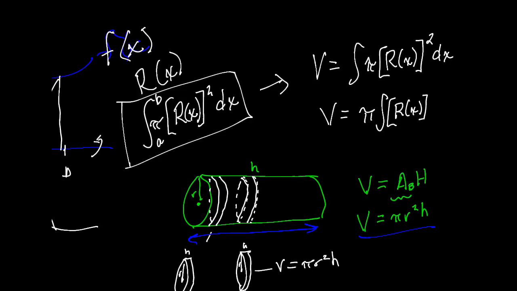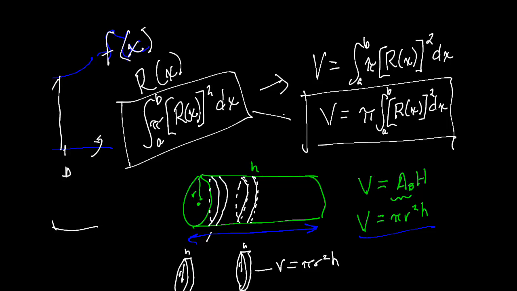And this, my friends, is the formula to figure out the volume. Whoops, don't forget your endpoints. This is the formula to figure out the volume of a revolution around the horizontal axis.